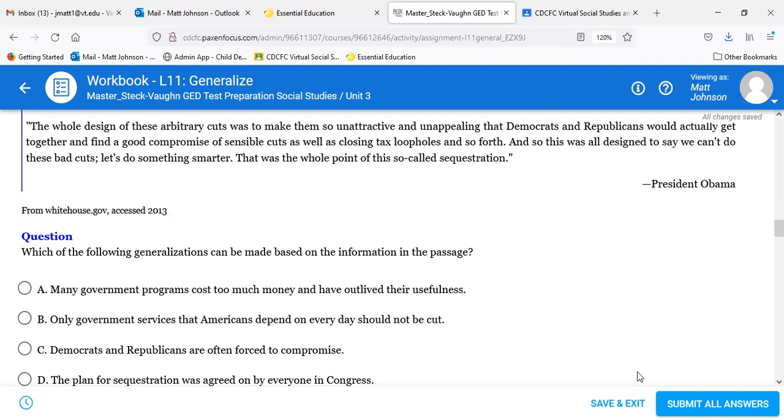C. Yeah, you can generalize that, and that's basically what happens. Democrats and Republicans are often forced to compromise. Whenever the government shuts down like that, and it jeopardizes paychecks and benefits, it frustrates everybody, not just Democrats, not just Republicans.